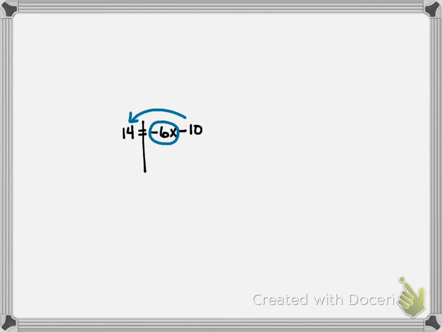Remember, to move the negative 10, it needs to become a positive 10, and you have to do that on both sides. So if I say 14 plus 10, that's going to get me 24, and I'm bringing down that negative 6x. Don't lose the negative. So again, you're saying negative 6x or negative 6 times x, so you need to divide both sides by negative 6, and 24 divided by negative 6 is negative 4.